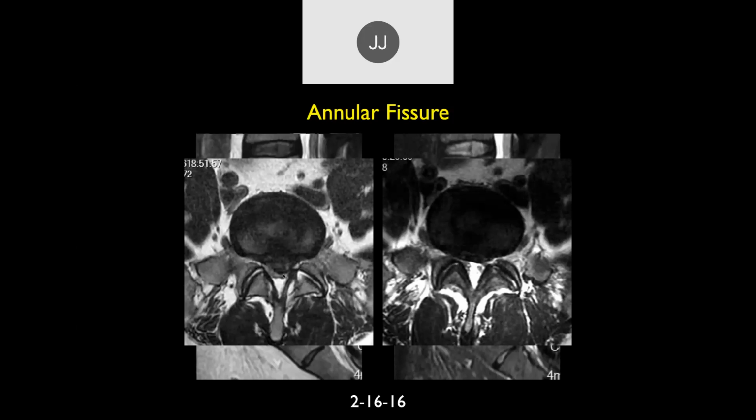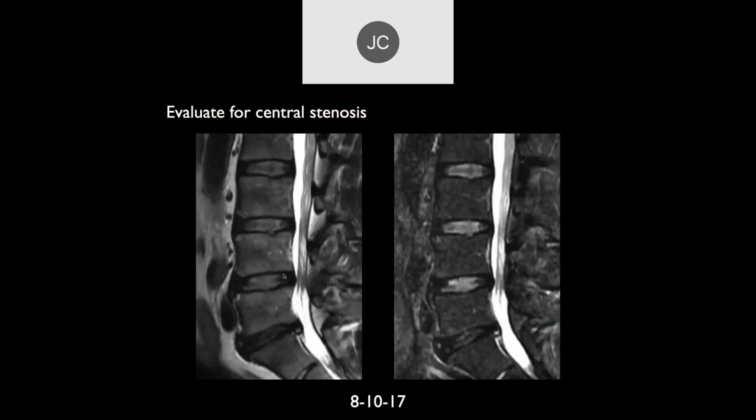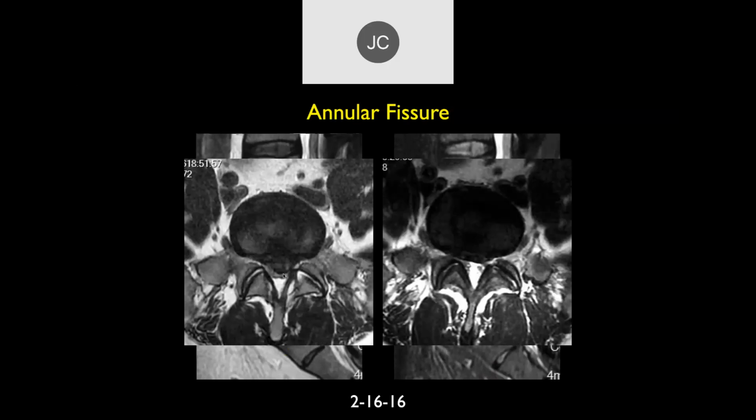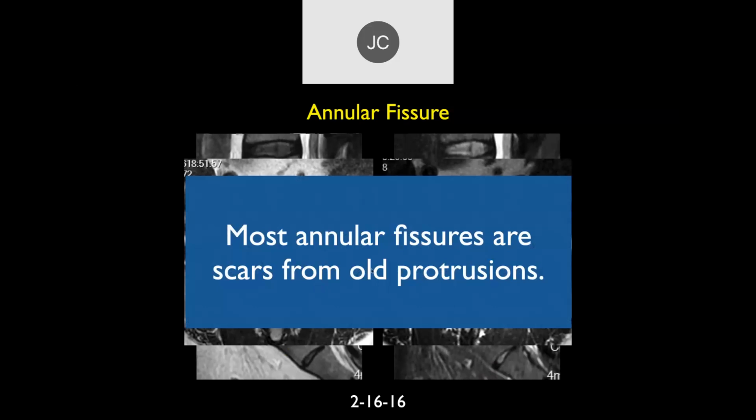So here's what it was before. Here's what it was a year later. And at this time we had the high intensity zone. So what this shows, most fissures are actually probably scars from old protrusions.